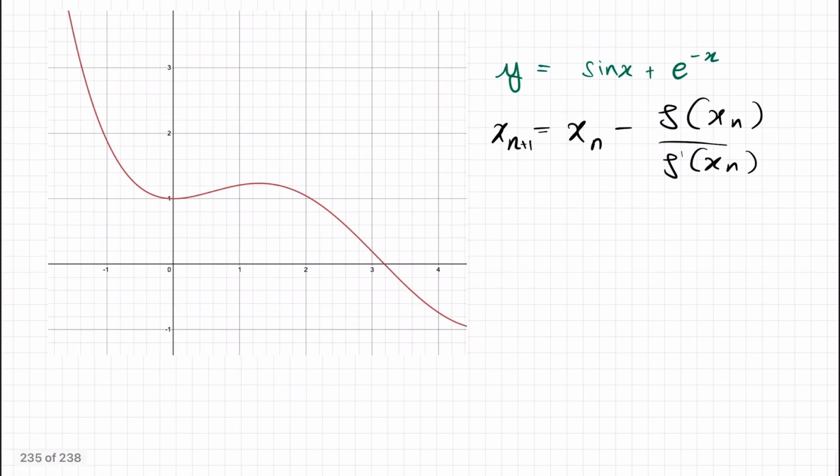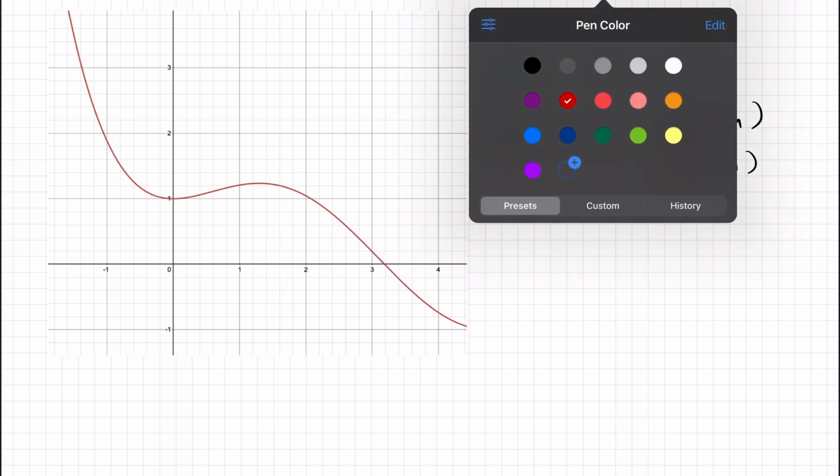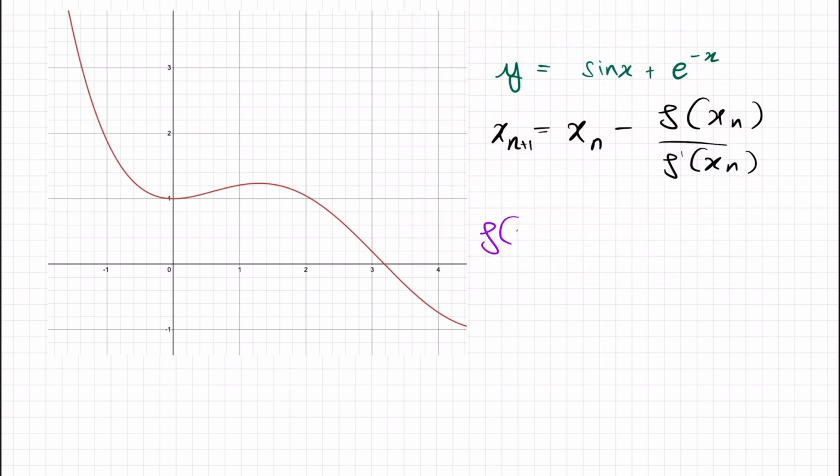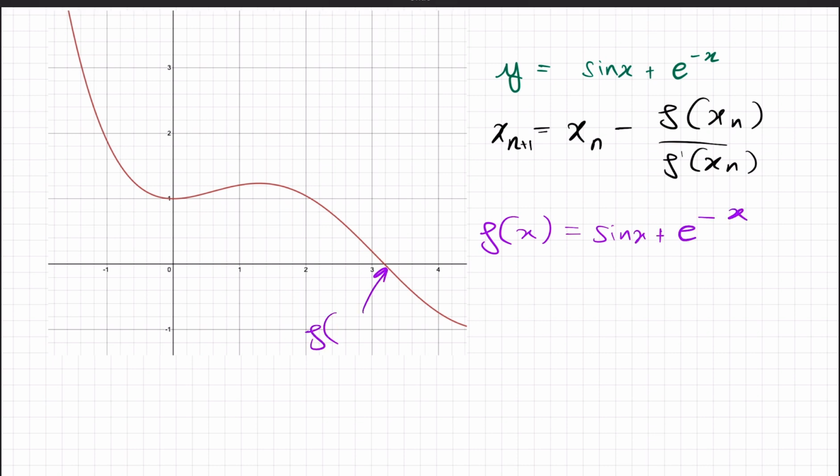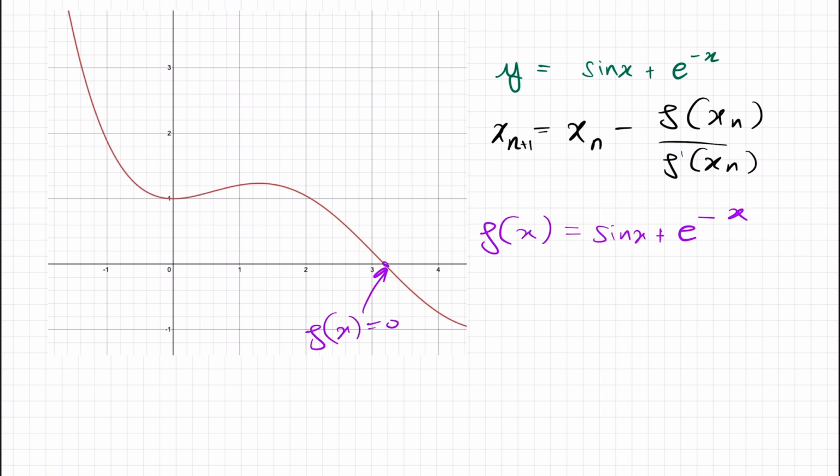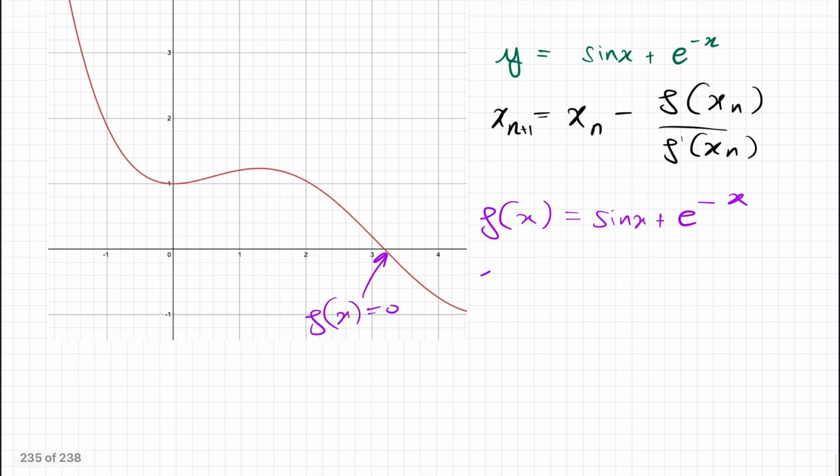Now, we're solving for when f of x equals 0. So what I'm going to do is define f of x to be sine x plus e to the minus x. Now, if we're solving for f of x equals 0, that's going to give us this point here. Let's work out the derivative, which is going to be cos x minus e to the minus x using the chain rule.